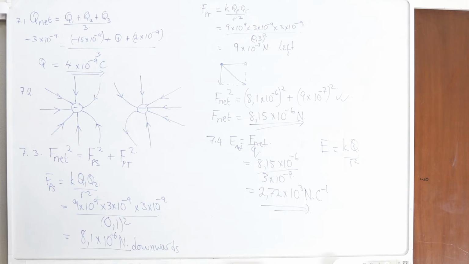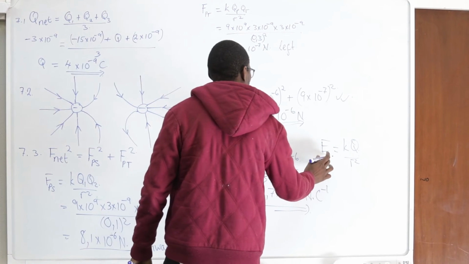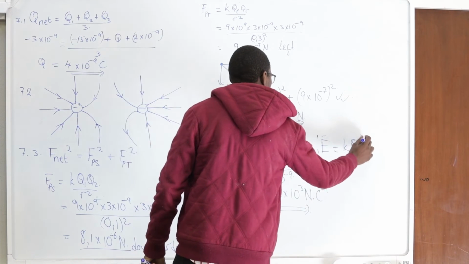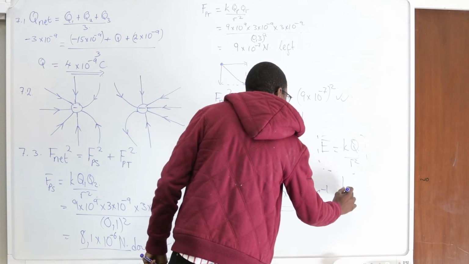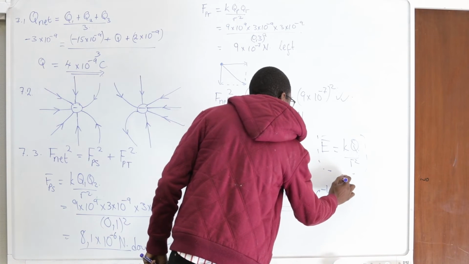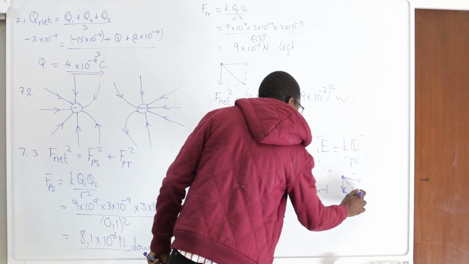0,1 squared, right? And you would find it for that one and for this one, and you'd also use the same calculation of E net on something that is at an angle to find the value of E net.